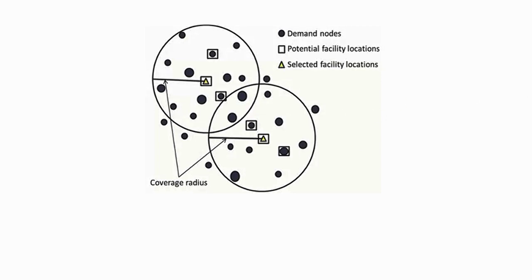We have the J's here, the potential facility locations, these boxes. And the N sub I here is the potential facility location that can cover the node I within S. Our D sub I J is the distance between the node I and the potential location for facility J.